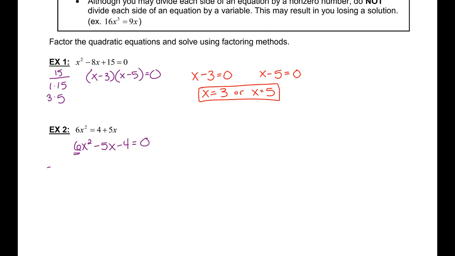So I want to know what multiplies to negative 24 and adds to negative 5. So I get 1 times 24, 2 times 12, 3 times 8, and 4 times 6, and I'm trying to add to negative 5, so I'm going to be using a positive 3 and a negative 8.